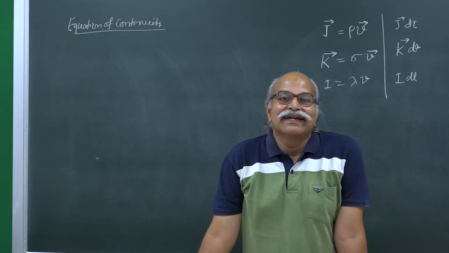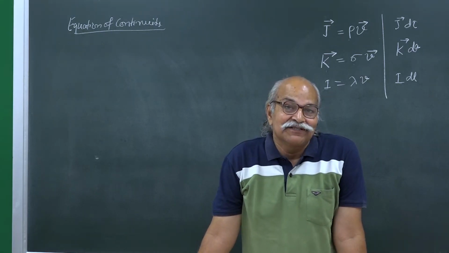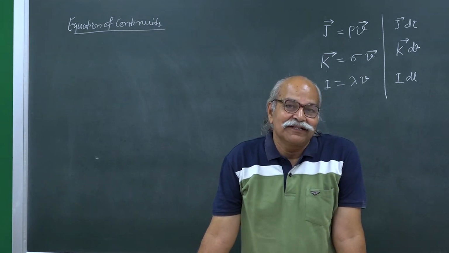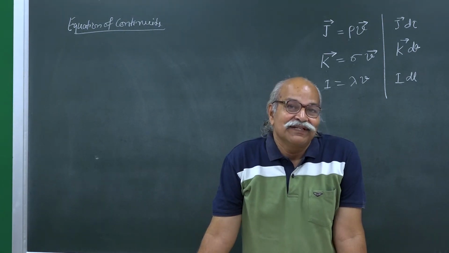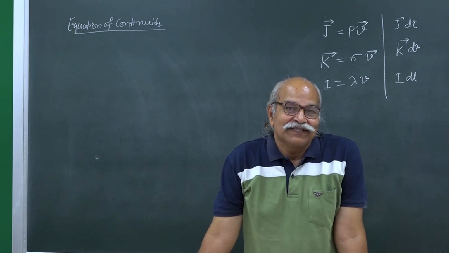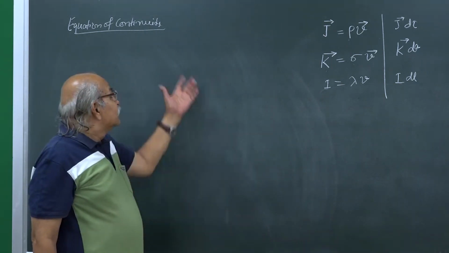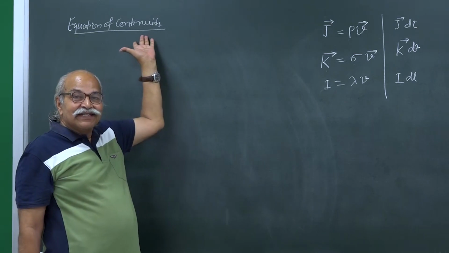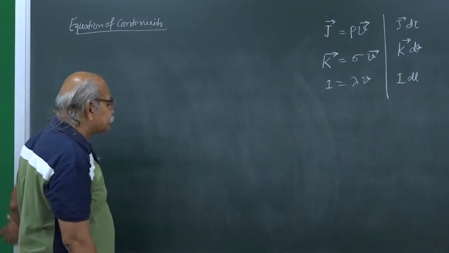Charges are not created and charges are not destroyed. Charged particles can be created, charged particles can be destroyed, but charge cannot be created, charge cannot be destroyed. So, that fact is represented by this equation of continuity in case of currents.